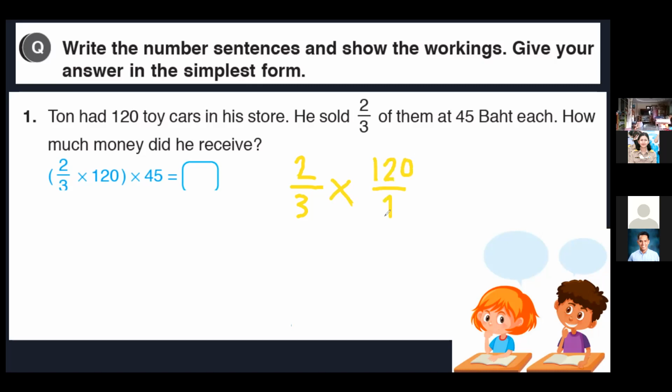Whenever you have a whole number, its denominator is equal to 1. Okay? 2 times 120 times 45, then 3 times 1 times 1. It's like that. So continue that. So 3 more minutes, I'll show the answer. Inside the bracket first.